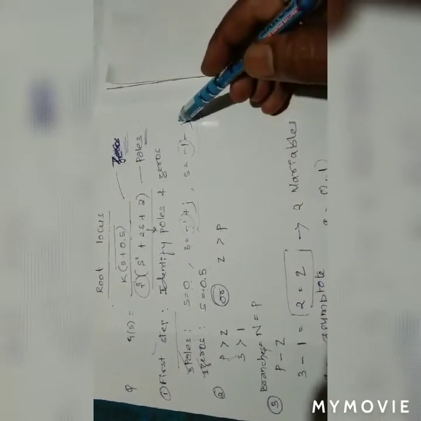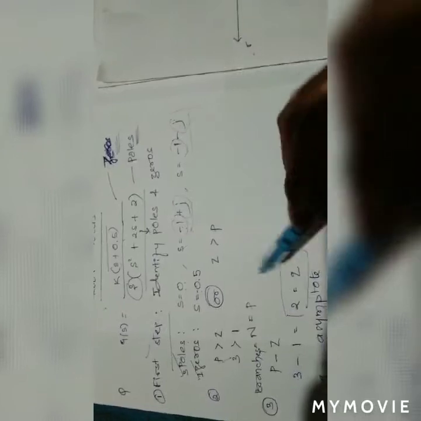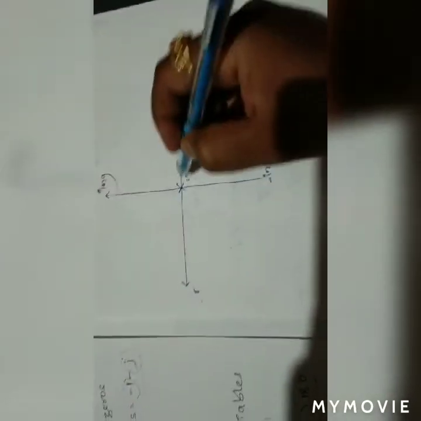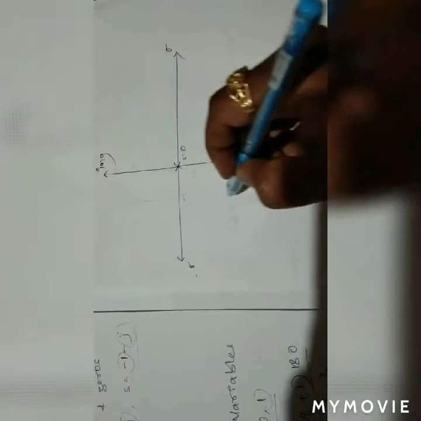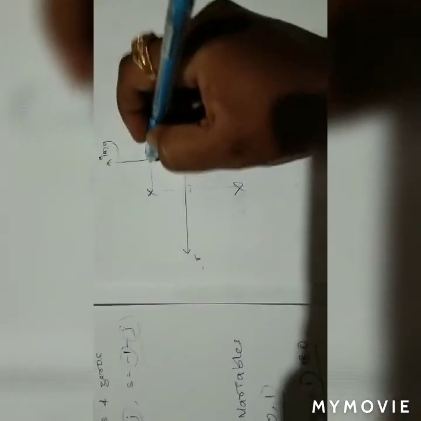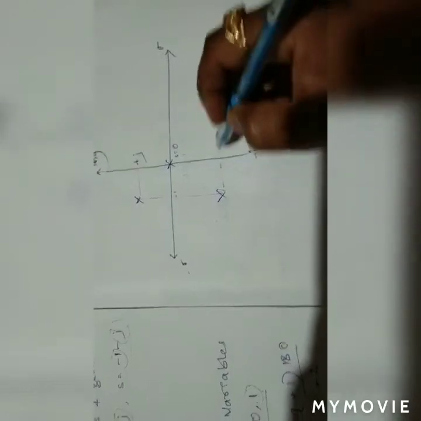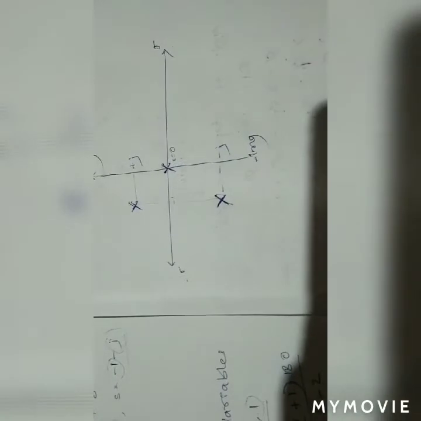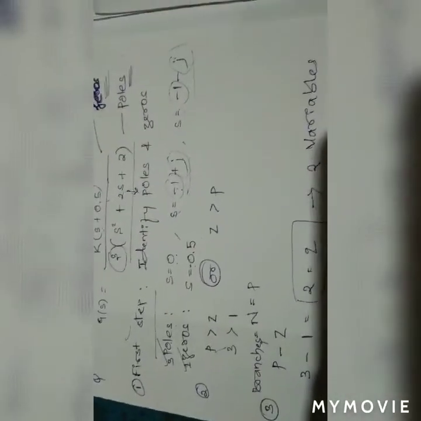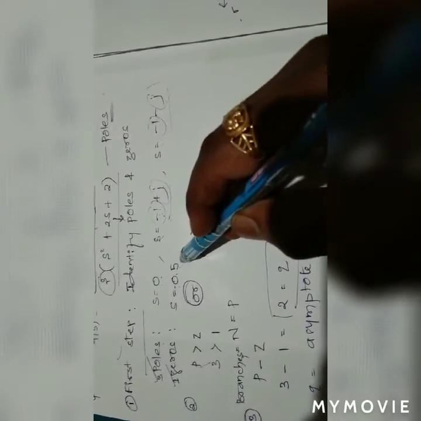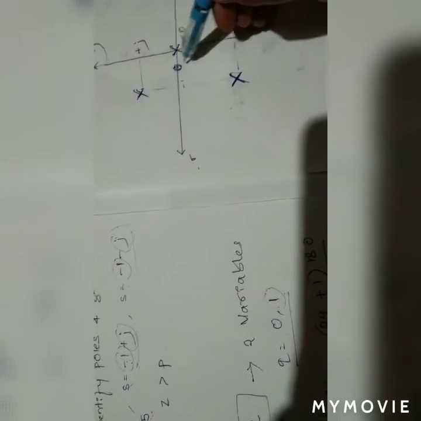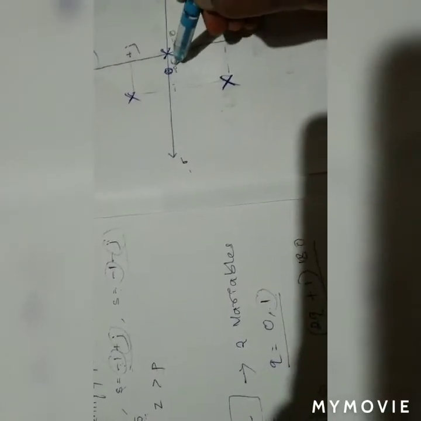Whenever there is a complex number, the poles appear on the imaginary axis. S = 0, then -1, we are having one pole, that is plus j and minus j. So 3 poles. This is for poles. Similarly, S = -0.5, that is somewhere here. I will draw one circle at -0.5.